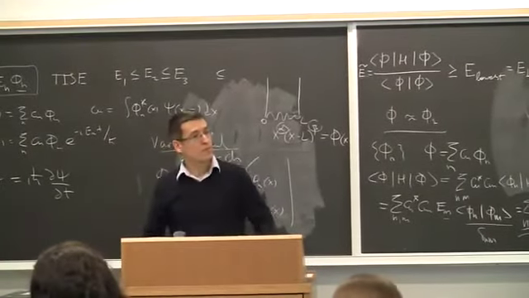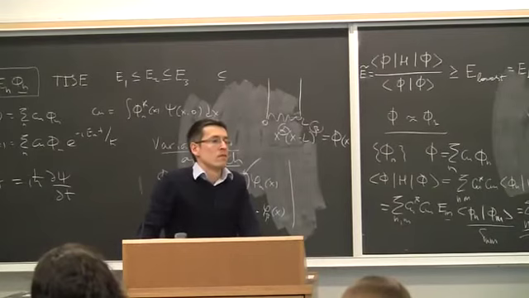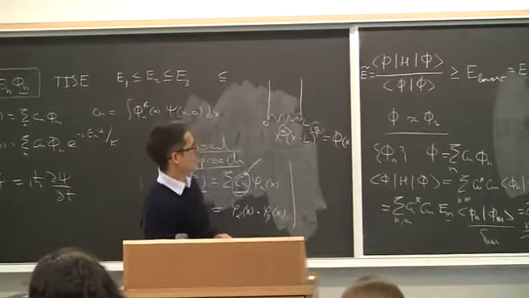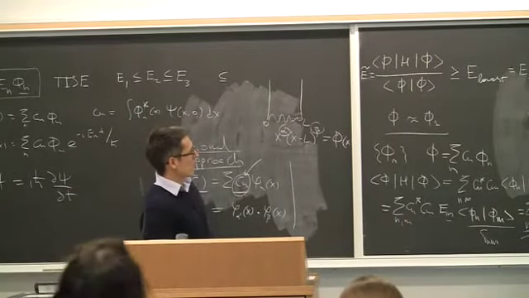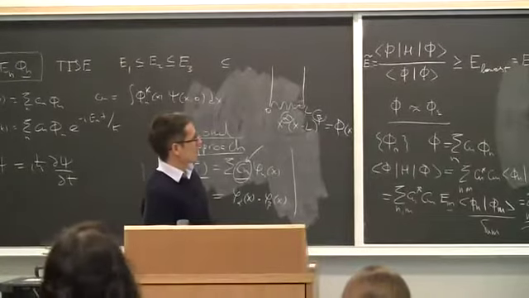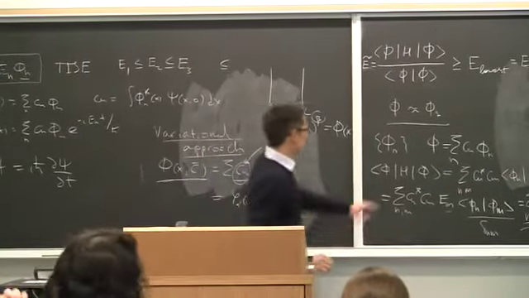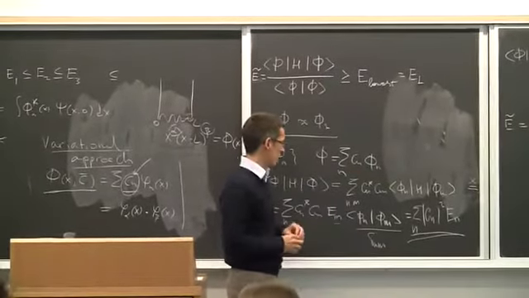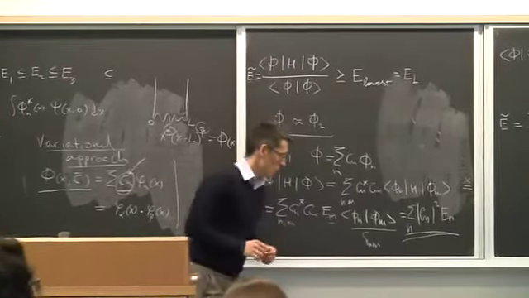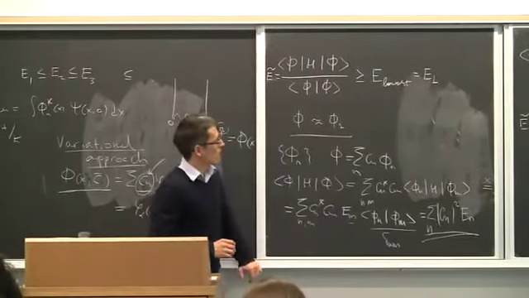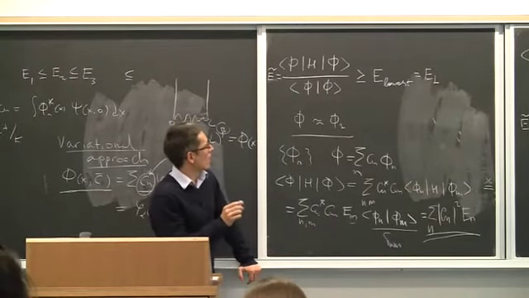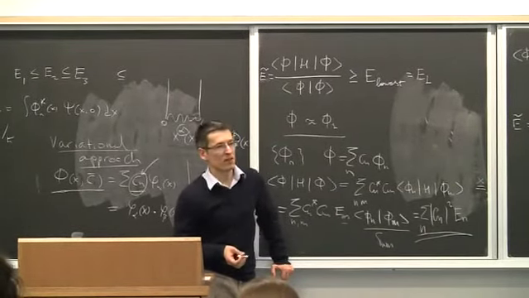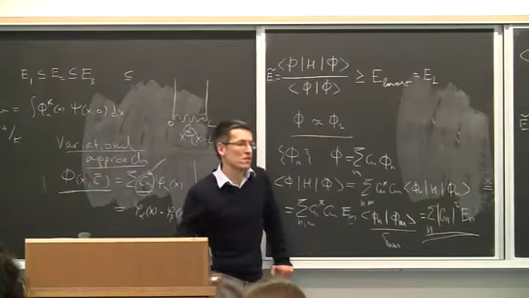And for any Hamiltonian, are the energies always non-decreasing? That's a good question. So there are some conditions here, and they are mostly related to the fact that you are representing your trial function as a linear combination of eigenfunctions of the Hamiltonian, right? So imagine the case when these functions are all even functions, or all odd functions, and your trial function is, say, the opposite.